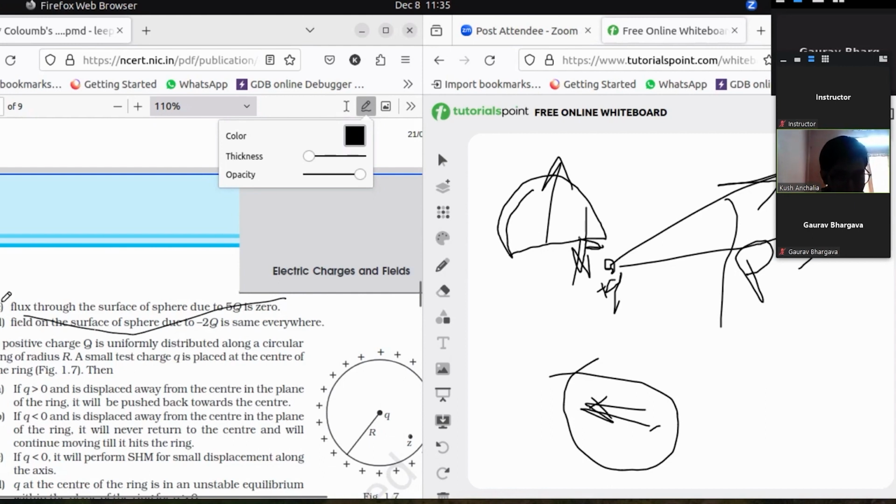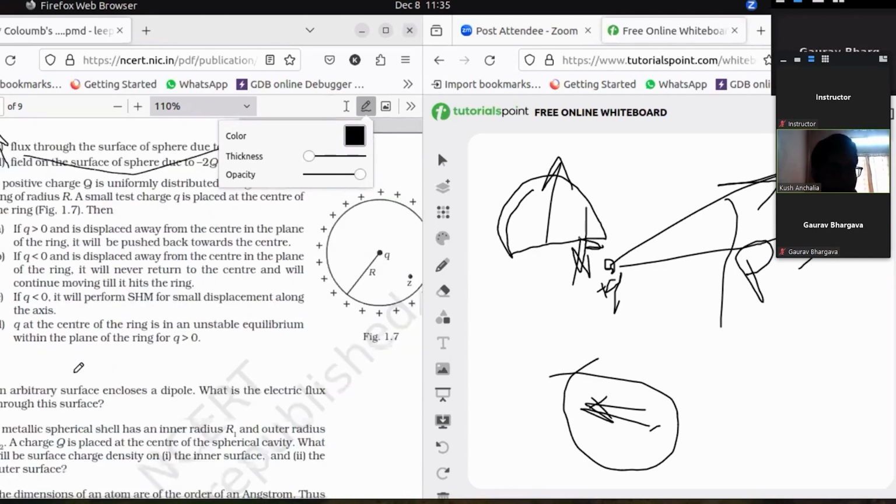These two are wrong options. See, flux is how many lines are crossing per unit area, so it should be uniform. Because net minus 2q won't be there. And for 5q, see, it is outside, so it should be the inside thing.